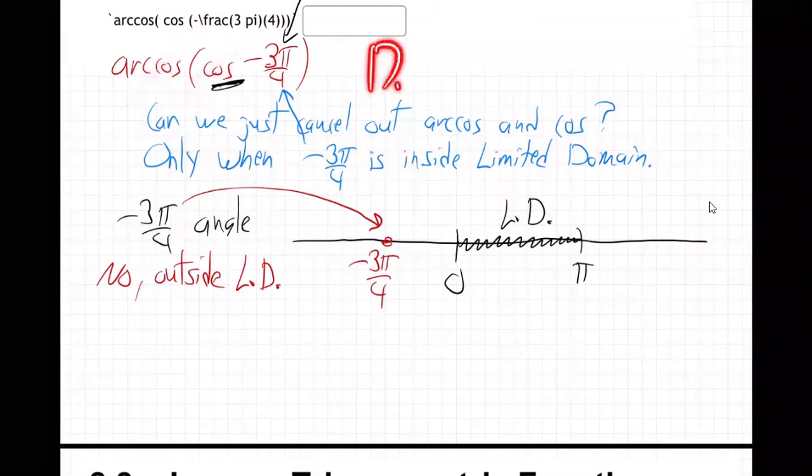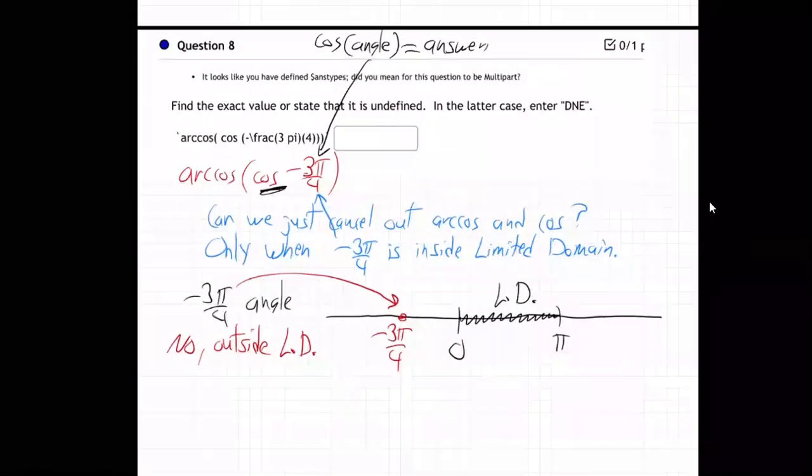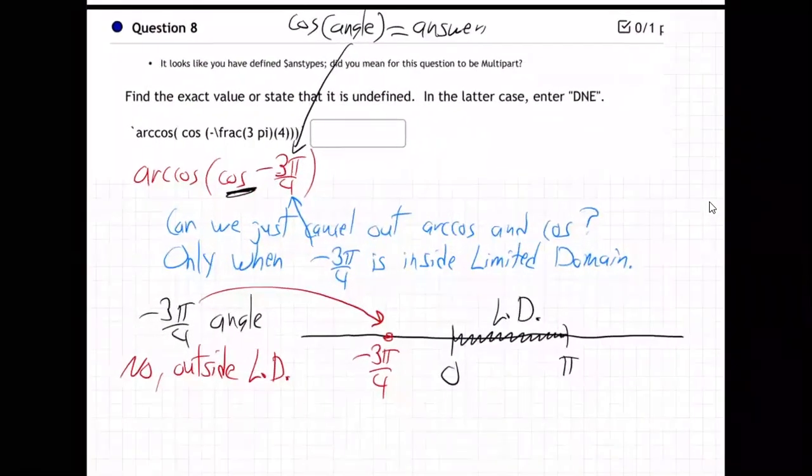But also the answer will not be D and E. No, there will actually be an answer to this question. Why? Well, because angles, you can always add 2 pi or subtract 2 pi. It's like a clock going around 12 hours later. It says the same thing, right?